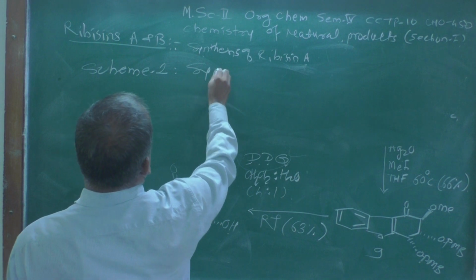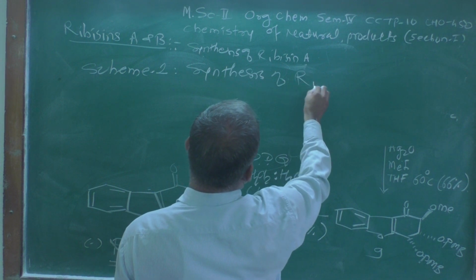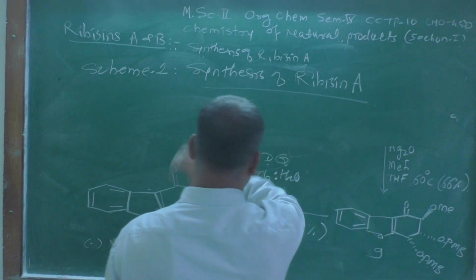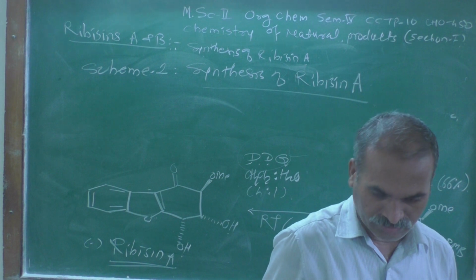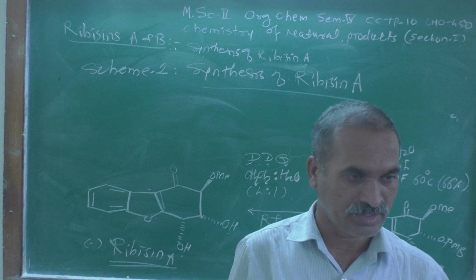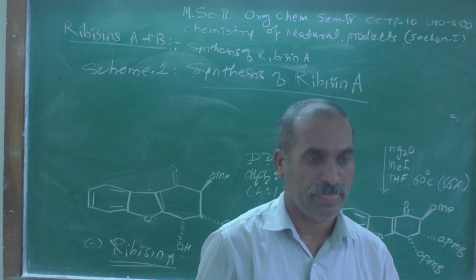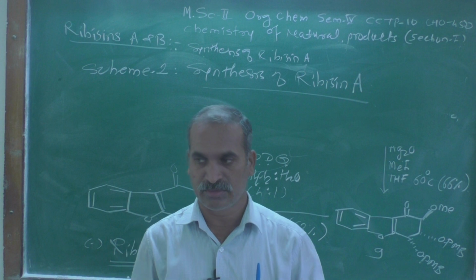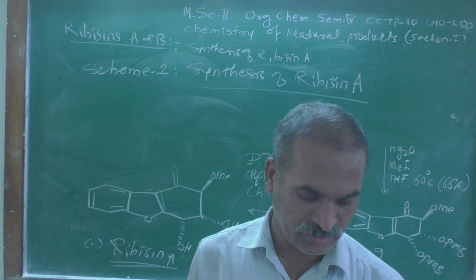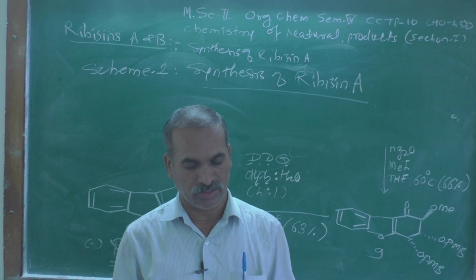Scheme 2, synthesis of ribosine A, that we have described here with its proper reactions, a proper sequence of reaction steps, the reagents used there, their full forms and the uses of those reagents at every step, which we have learned over here.